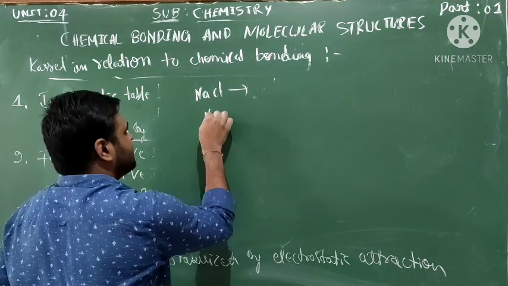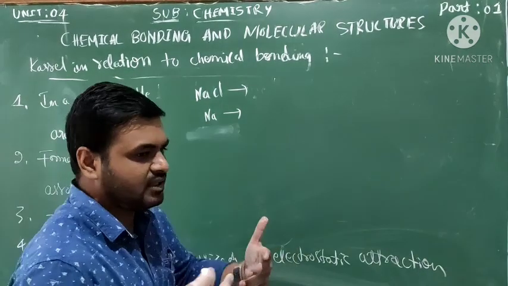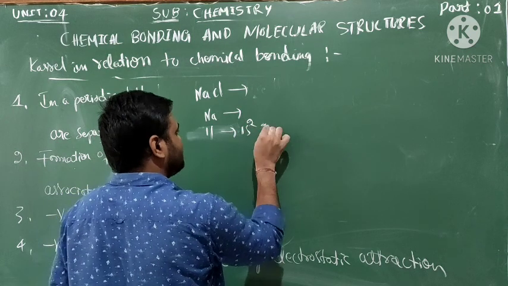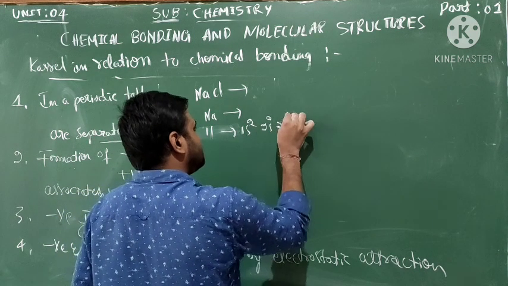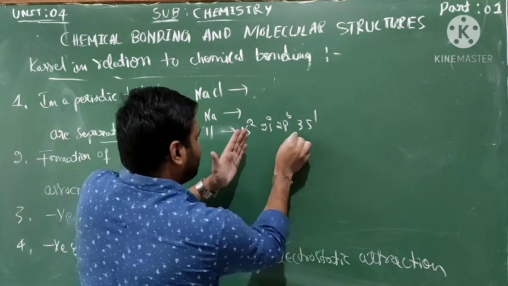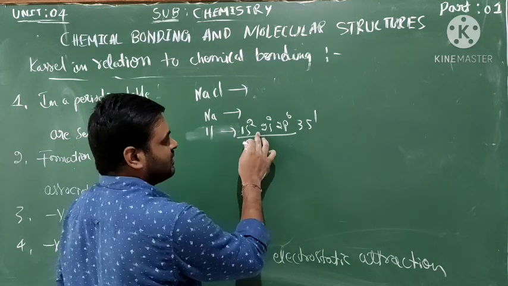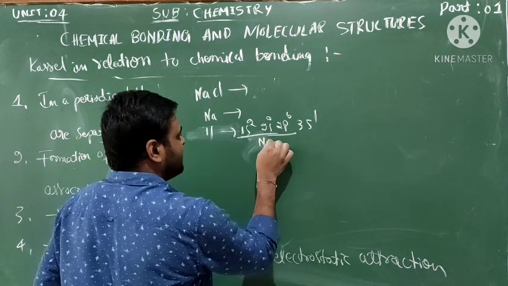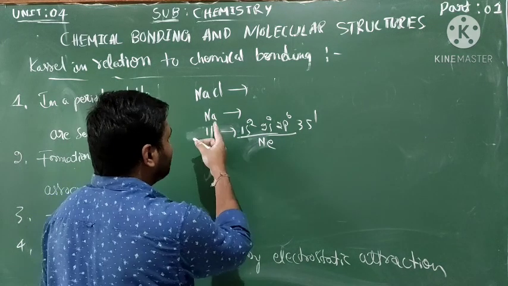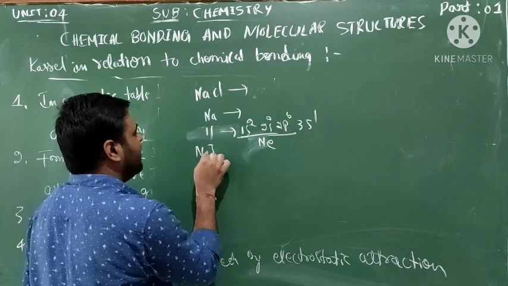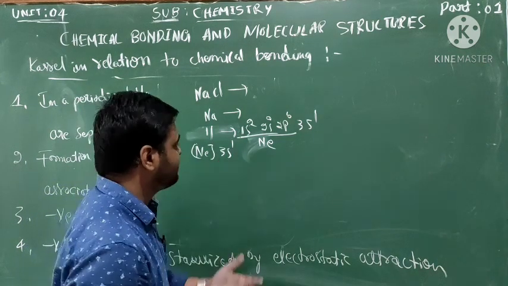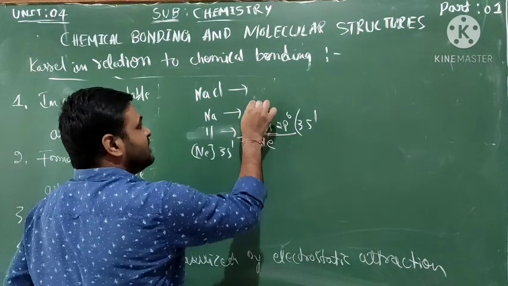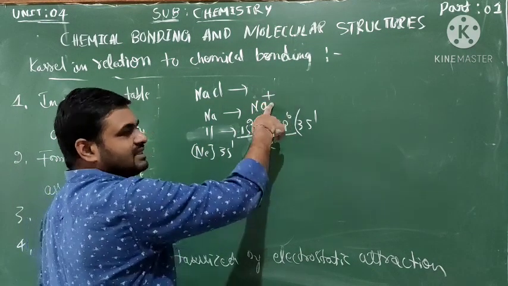The atomic number of sodium is 11, so the electron configuration is 1s2 2s2 2p6 3s1. In the noble gas configuration, 10 means neon, right? So sodium we write as neon 3s1. The outer electron configuration is 1, so sodium loses the electron.